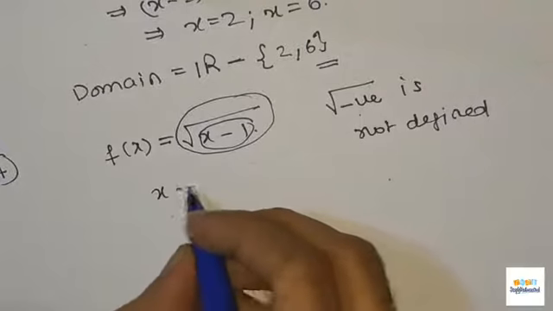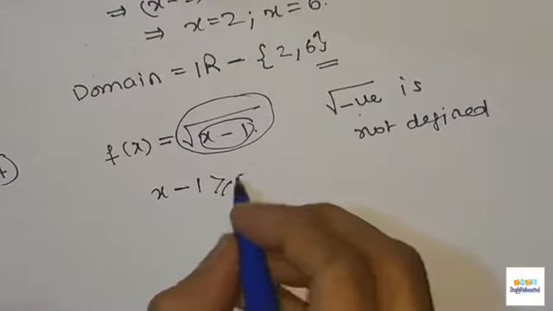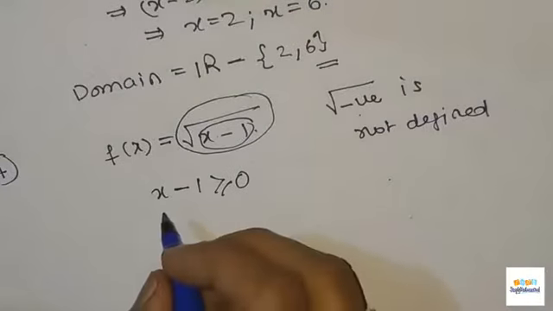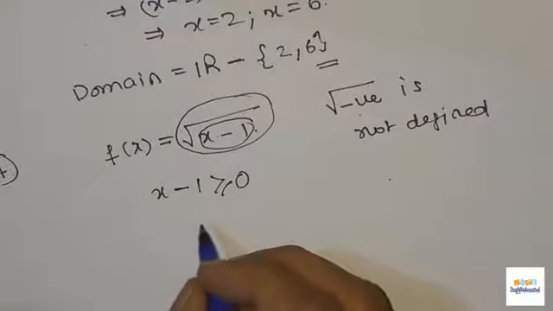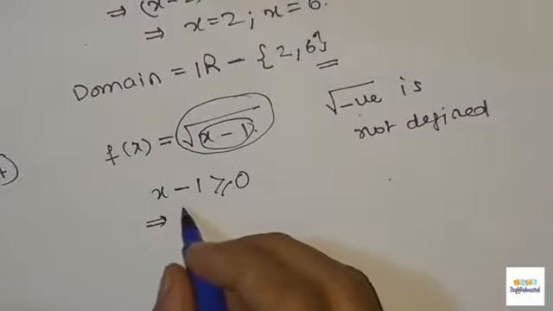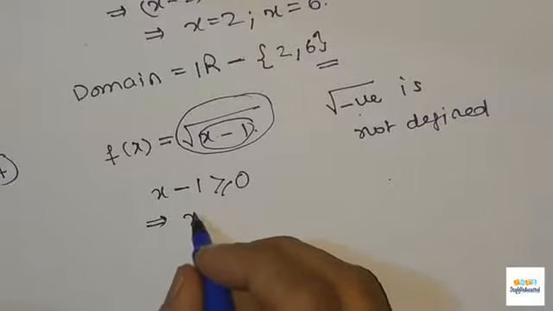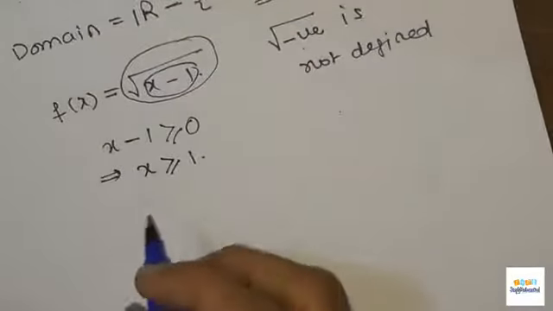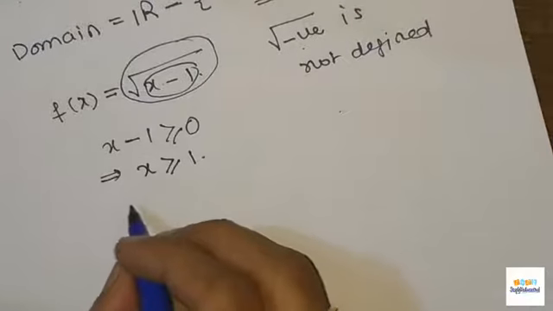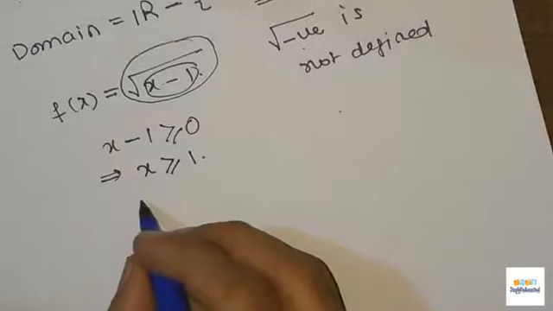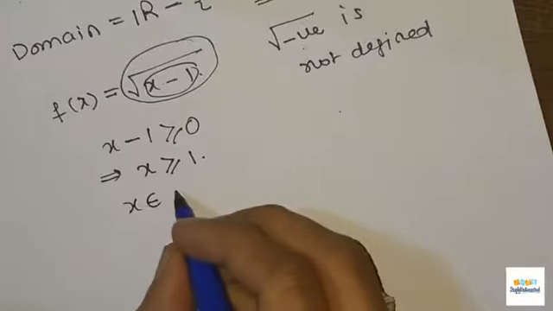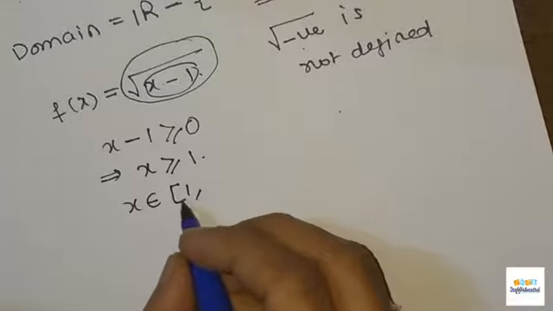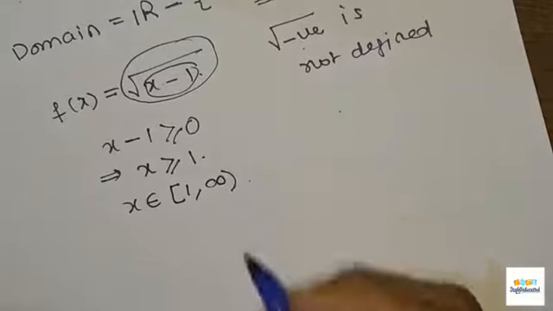So we have to check for which values of x, x minus 1 is greater than or equal to 0. So from here what we get is x is greater than or equal to 1. Okay, so this means x belongs to the closed interval 1 comma infinity open.